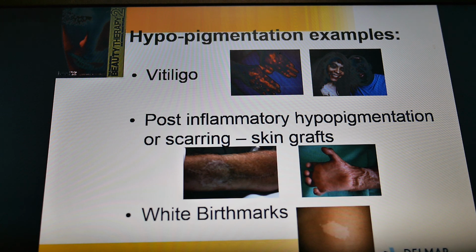If anyone's had any skin grafts done, they can have quite an overgrowth of scar tissue, and the pigment is completely lost in those cases as well. And then you have something which I thought was going to be really rare, but I've had 8 students now with it, and it's a white birthmark, which I'd never heard of before, but apparently they are a thing. So that's something you can think about.